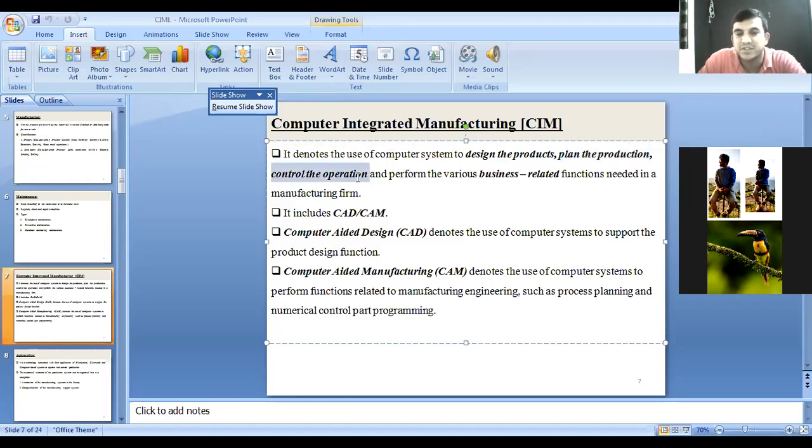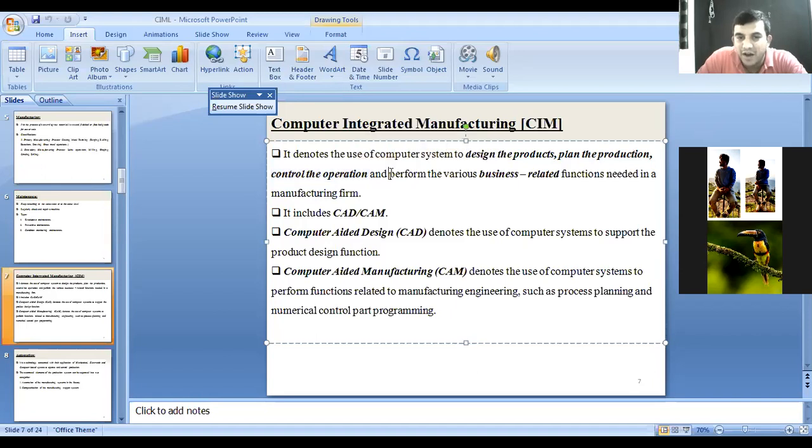Controlling the operation means, suppose I want to do plane turning from 21 mm to 20 mm. We will not directly give a 0.5 mm depth and turn. First we go for 0.1 or 0.2 mm rough plane turning, then a finishing plane turning. That is controlling the operation.